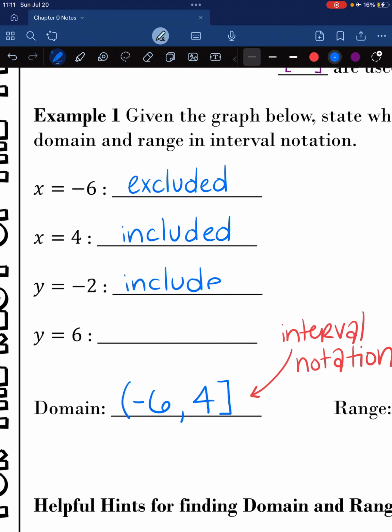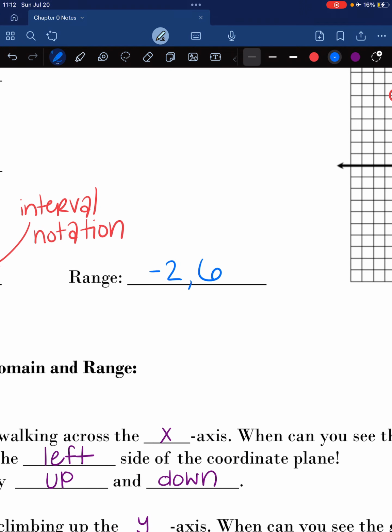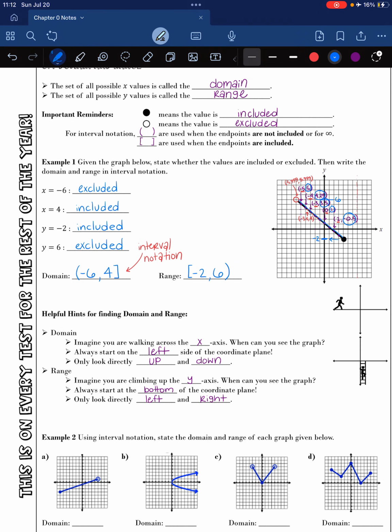So -2 is included, and 6 is excluded. Which means I'm going to use a square bracket for -2 on my range and a parenthesis for 6. Okay, so this is in interval notation. That's what the directions told me to do.